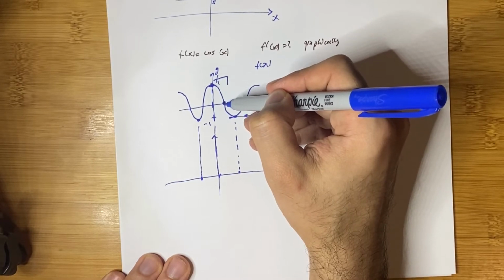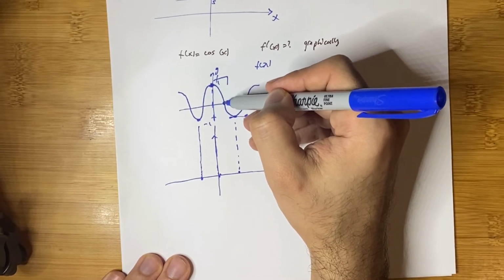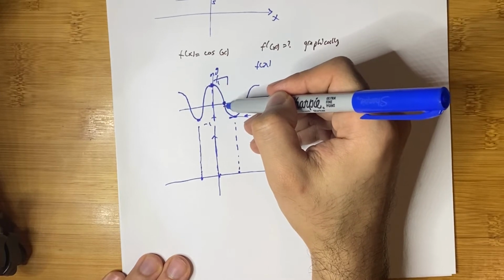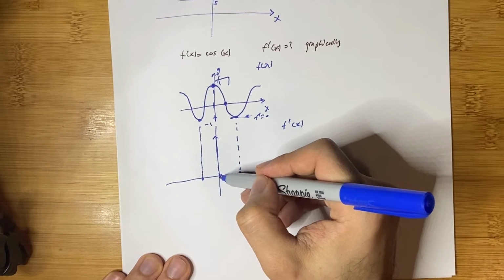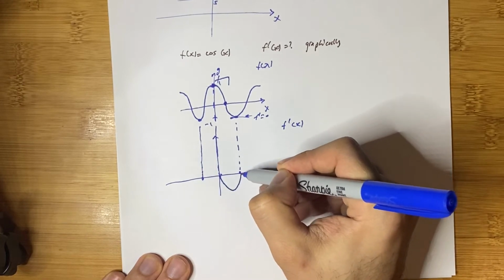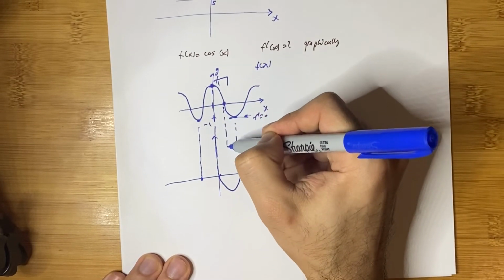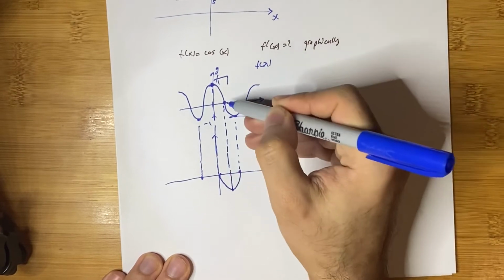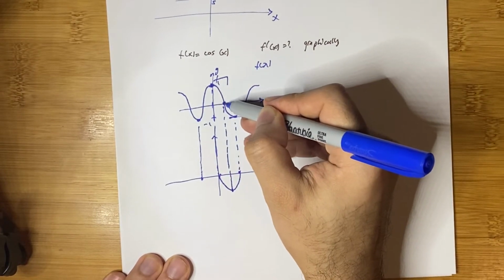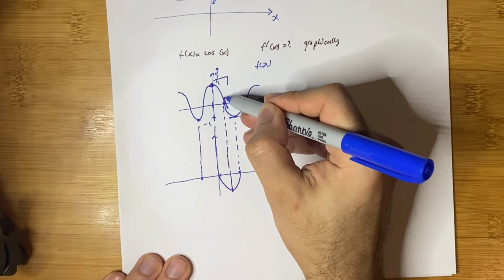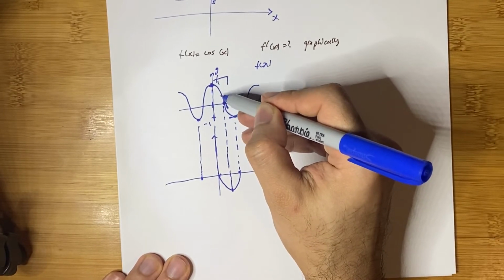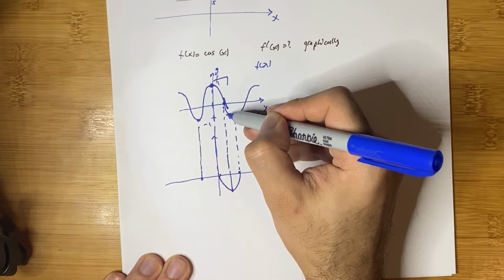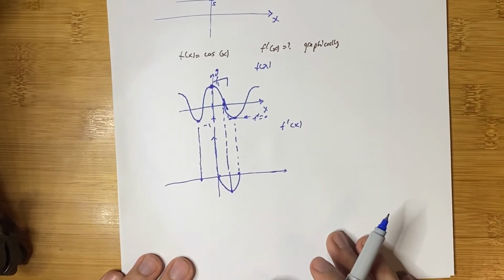So that will be the most negative point. If we graph that, it's going to be something like this, where this point will translate to this point, whereas here we draw the tangent line again. That's going to be negative, but it's going to be the steepest compared to this and this segment.